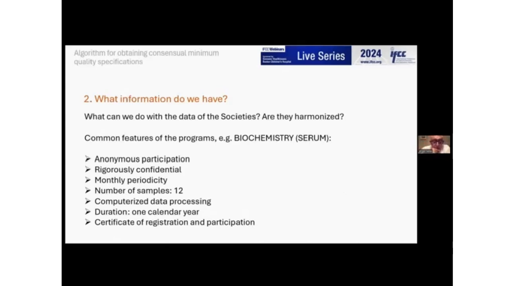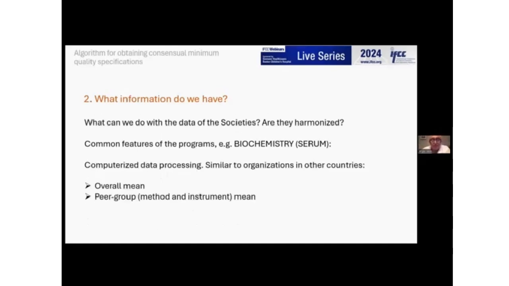And if we look at the computerized management aspect, we see that the computer system process is very similar to what exists in other organizations from other countries, where they usually work with the global mean or the peer group mean, which is always recommended to use this second point when possible.